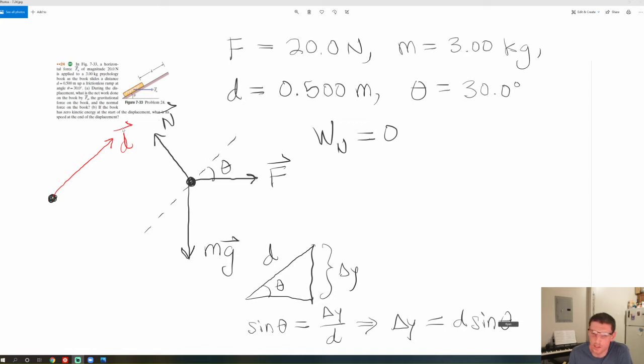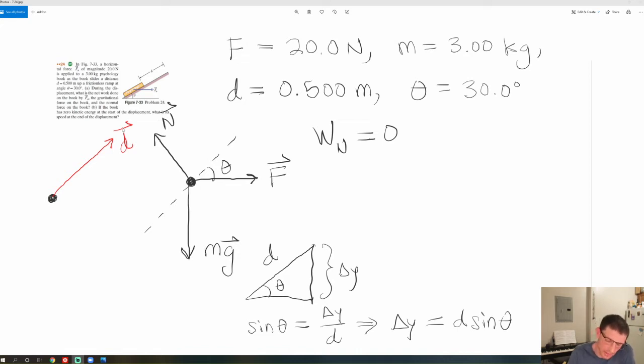Now, as I've written this, it's positive, so we'll have to be careful when we actually use this to calculate the work done by the gravitational force, because we know that it should be negative. The gravitational force is pointing down, and the displacement vector definitely has a positive y component.